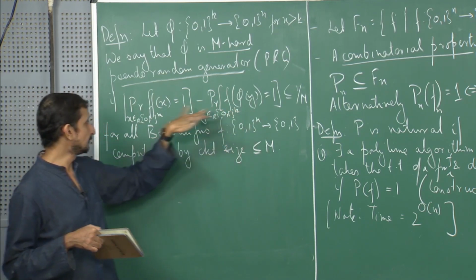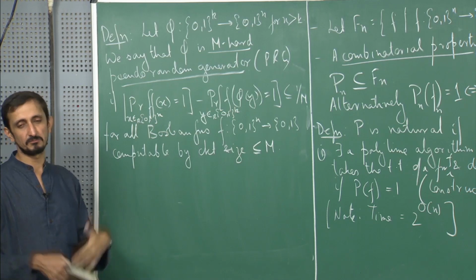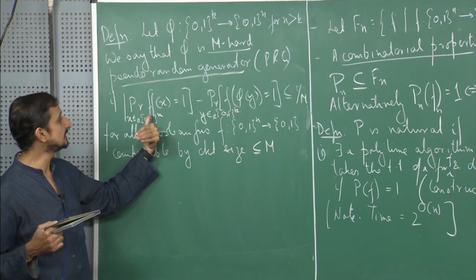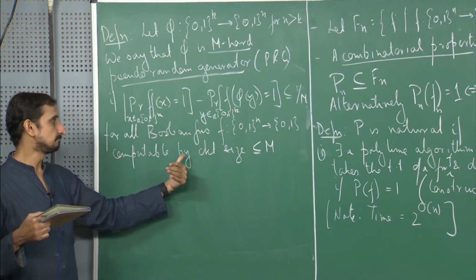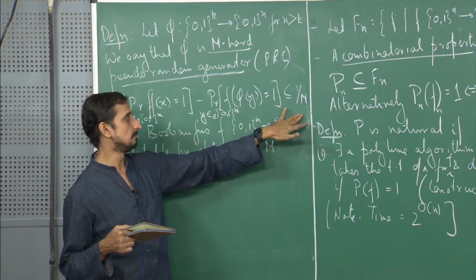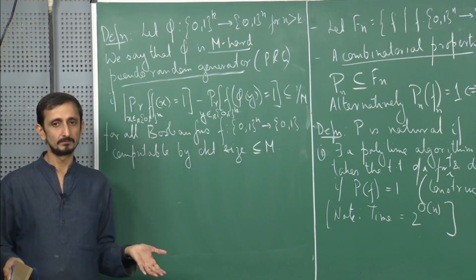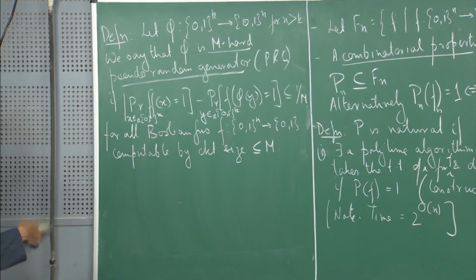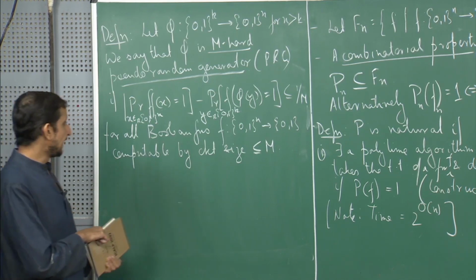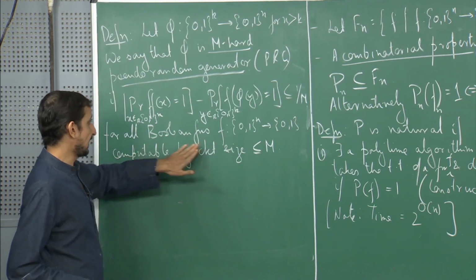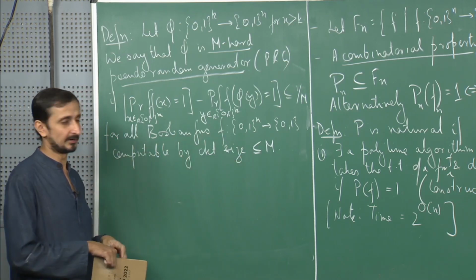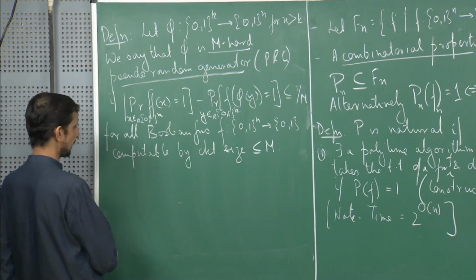Now that string versus a string of length 2k that is chosen uniformly at random, f is not able to distinguish between them most of the times, I mean for a very large fraction of the inputs. And the important thing is that this has to be true for all functions that are efficient. So any efficient function is not able to distinguish between the two.